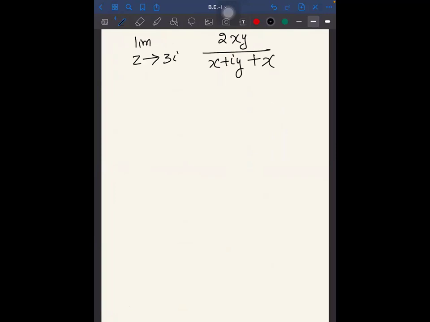So limit x plus iota y goes to 3 plus iota, 2xy upon 2x plus iota y. So how are you going to do it? Sir, x tending to 3 and y tending to 1.